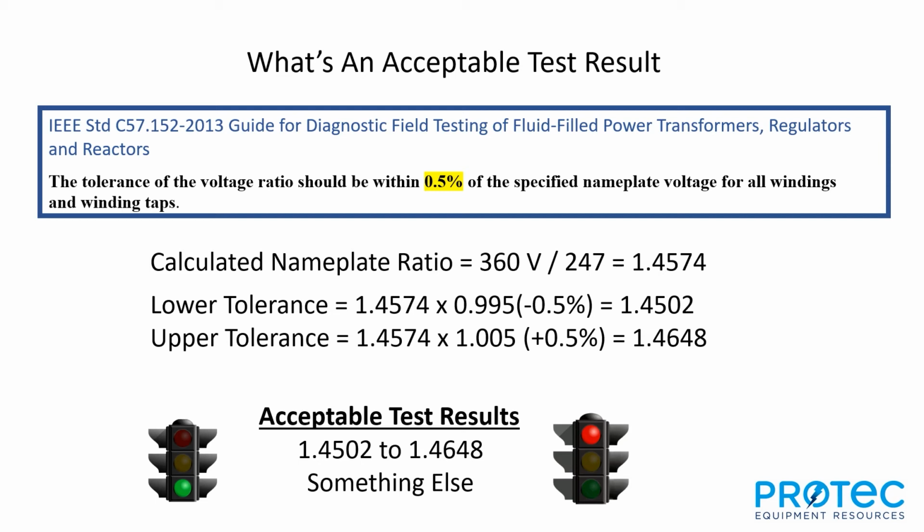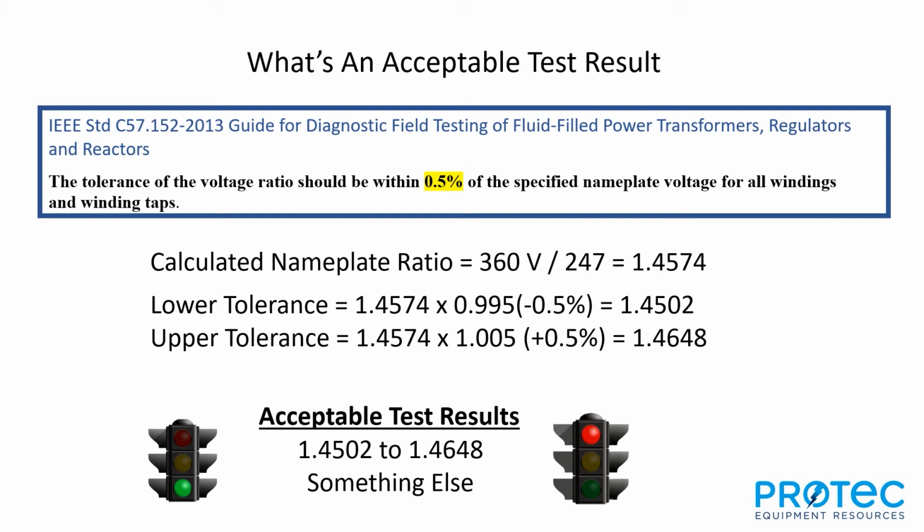of the specified nameplate voltage of all of the windings. So if we look back, we calculated the nameplate ratio, 360 volts divided by 247 equals 1.4574. So if we know that we have a tolerance of 0.5%, then we can also calculate the acceptable tolerances for the test results after we perform the test, right?